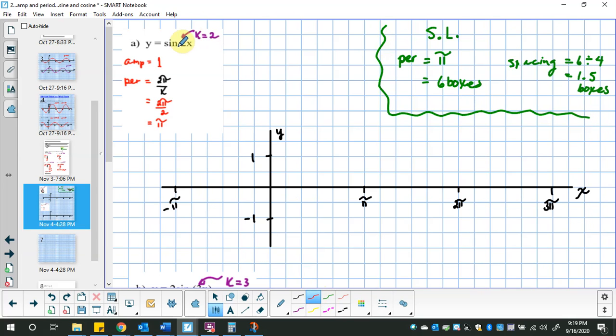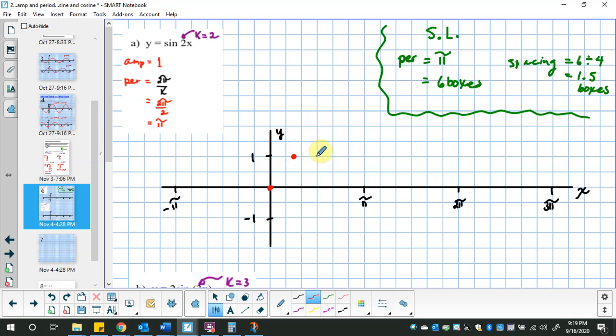This is a sine curve. So because it's a sine curve, I start at the center. There's no flip, so I haven't super tricked you in any way. I know I'm going up to the 1, but I'm going up to the 1.5 boxes later. So 1.5 boxes, I'm at the 1. Then 1.5 boxes, I'm down through the center.